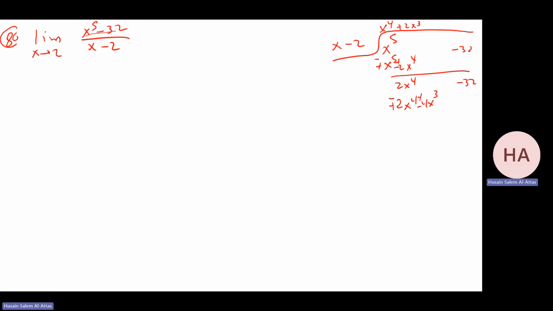So you're getting 4x cubed minus 32, divide, plus 4x squared. Multiply: you have 4x cubed minus 8x squared. Minus, it will be 8x squared minus 32, divide, plus 8x, multiply.